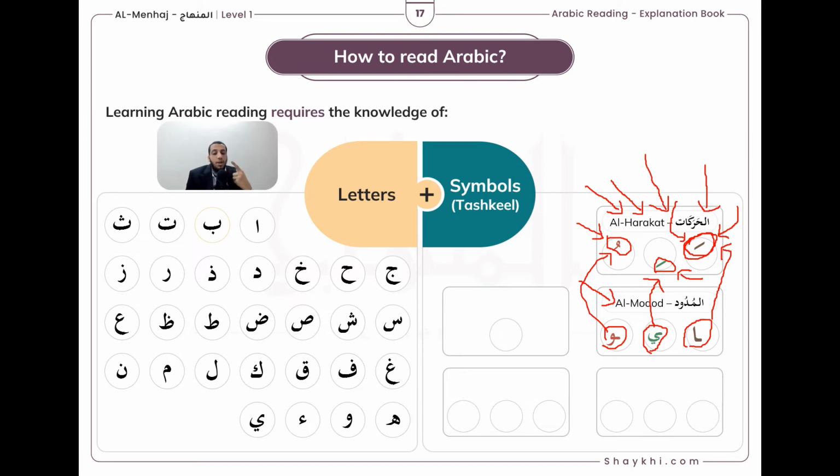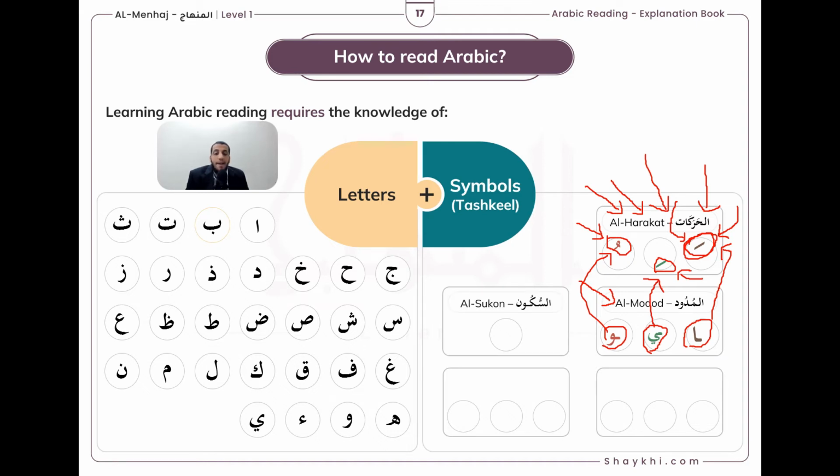Also, if we take the letter hamza as an example, we say oh. So what is the difference? The time of the sound. Excellent. So al-madd bil-waw will be longer than al-dhamma.